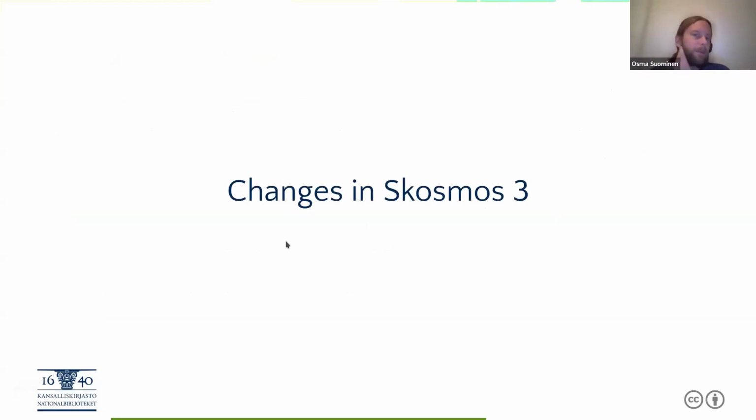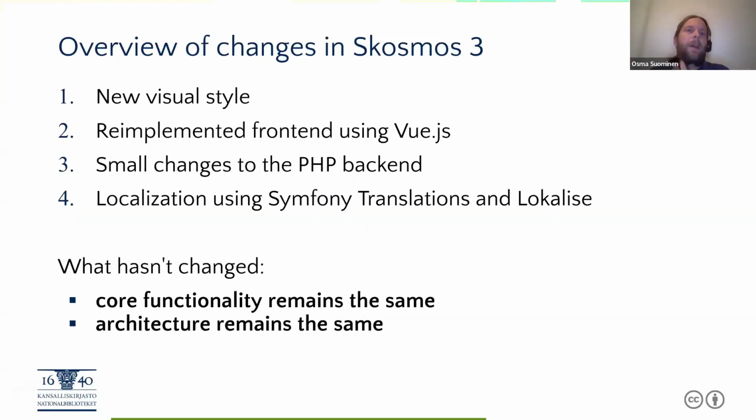So what are we changing in Skosmos 3? The overview here is, first of all, the new visual style. It looks very different from the old one, or quite different. We re-implemented the front end. We did spend quite some time figuring out the alternatives, but ended up choosing to use the Vue.js library for the front-end components.